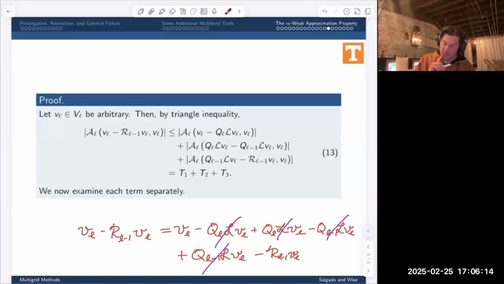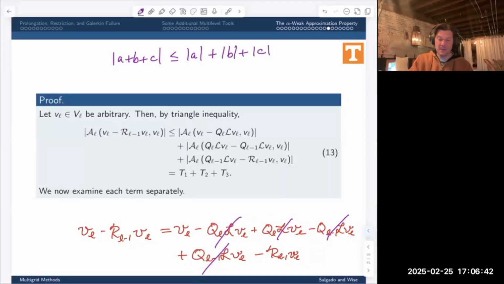Now, since this is a linear object, what I'm really using is the triangle inequality of the absolute value symbol. Absolute value obeys the triangle inequality, right? So if I have A plus B plus C, that's less than or equal to absolute value of A plus absolute value of B plus absolute value of C. Very basic triangle inequality that I've used there.